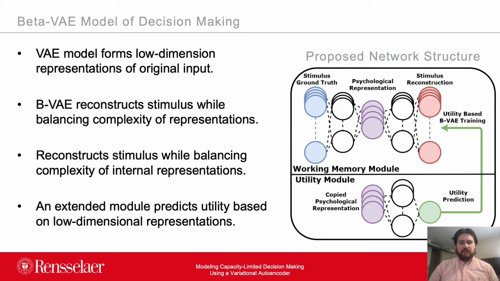This is closely related to similar applications of beta VAEs in related tasks such as change detection and categorization. The unique feature of our model is that the utility predictions of stimuli are fed back into the working memory model to train the VAE to form utility-based representations of stimuli.